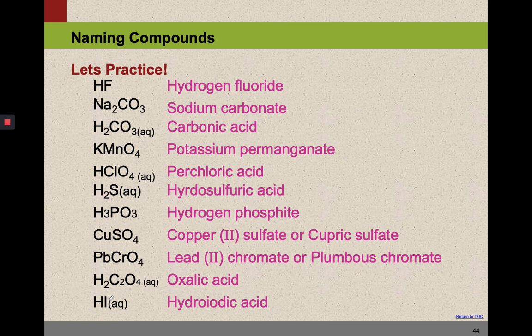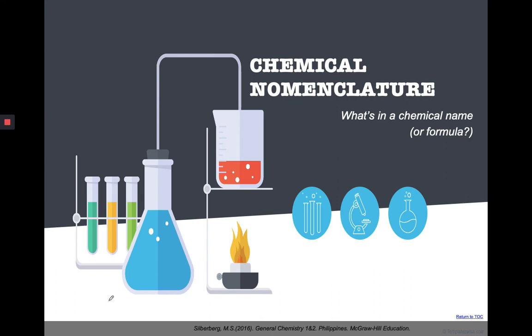Okay, so those are the few examples for chemical nomenclature. The key thing here is if we know the names or the formulas of a particular compound, it will be very easy for us to get to know what composes them and predict what their properties are.